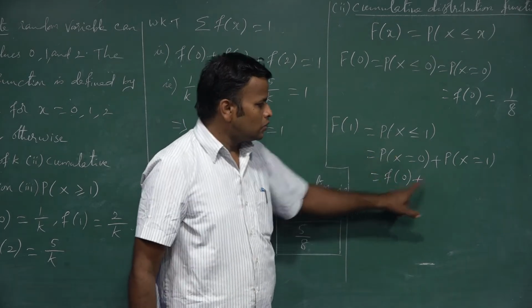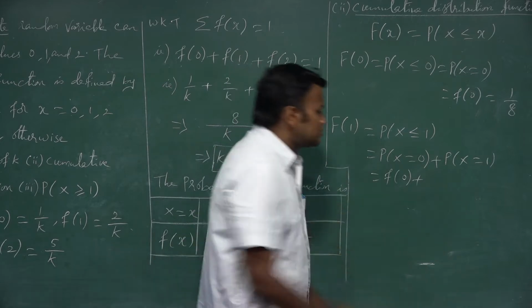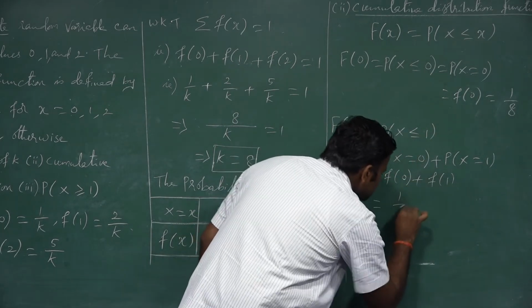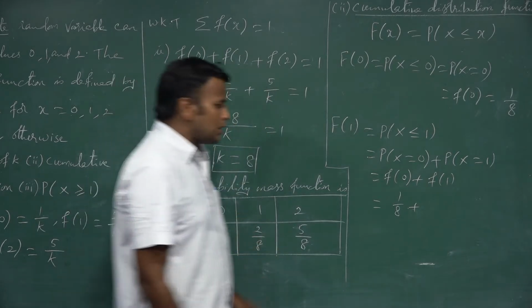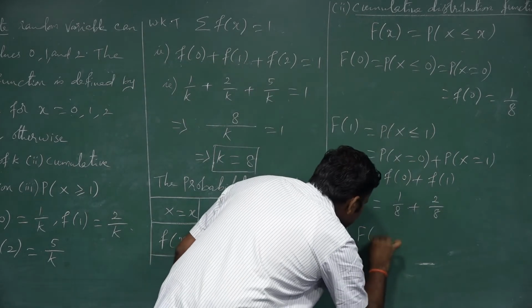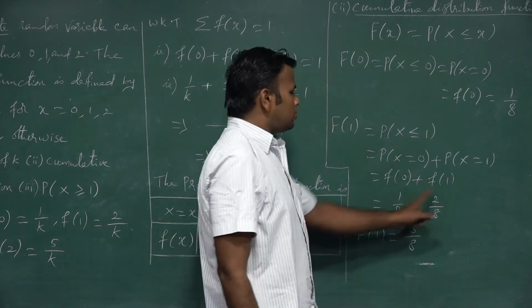So it's f of 0, and what about that one? That one is f of 1. F of 0 value is 1 by 8, and f of 1 value is 2 by 8. We add, and we get F of 1 value is 3 by 8. 1 plus 2 is 3.